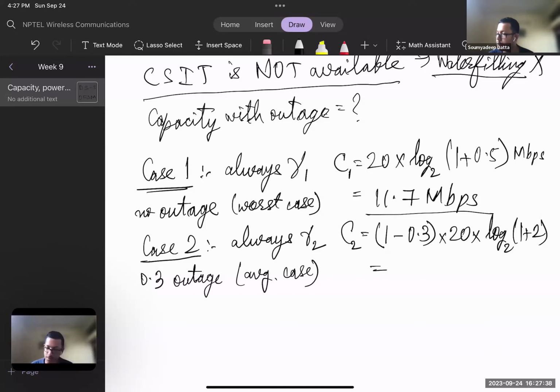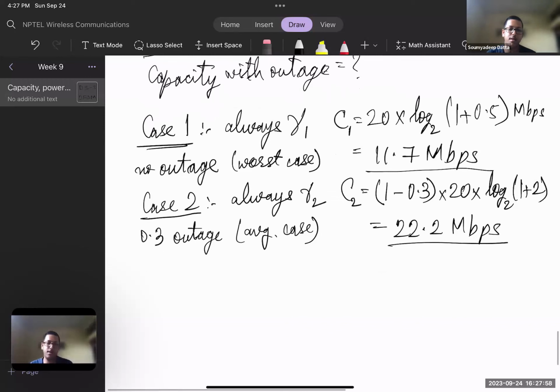Log of 1 plus 2. So this comes out to my calculation, if somebody can verify, it would be great. It comes out to be 22.2 Mbps. Right? So this is one value.